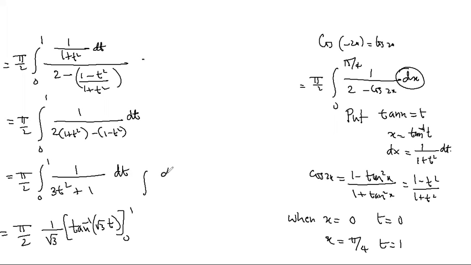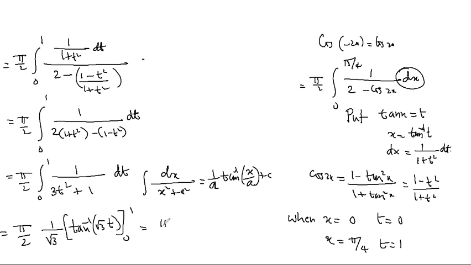Integral dx upon x square plus a square is 1 by a tan inverse x by a. Now here x is root 3t, a is 1 here, but you need to divide the answer by the coefficient of t. That's where this root 3 has come.